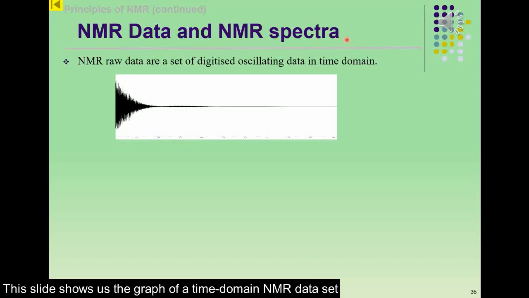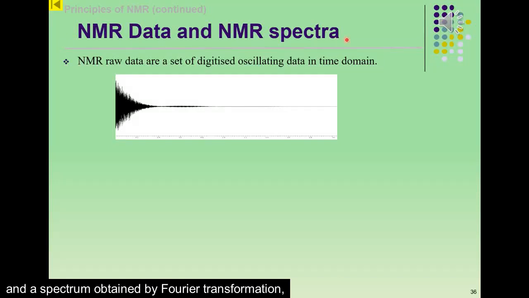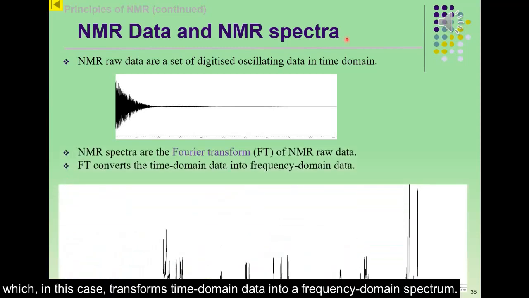This slide shows us the graphs of a time domain NMR data set and its spectrum obtained by Fourier transformation, which in this case transforms time domain data into a frequency domain spectrum.